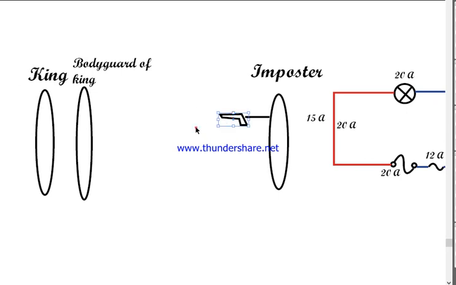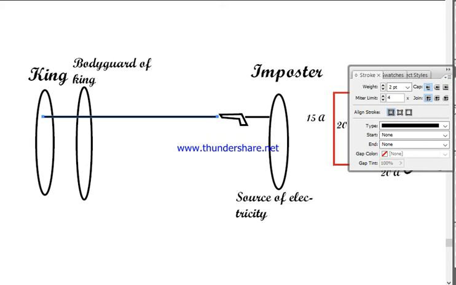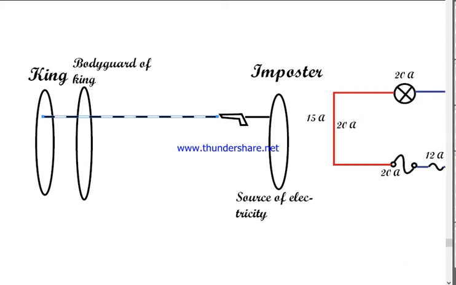Now this is the live wire. Suppose this is the source of electricity, and the path through which the bullet will come is the live wire.